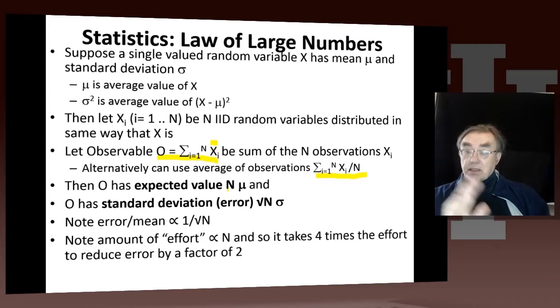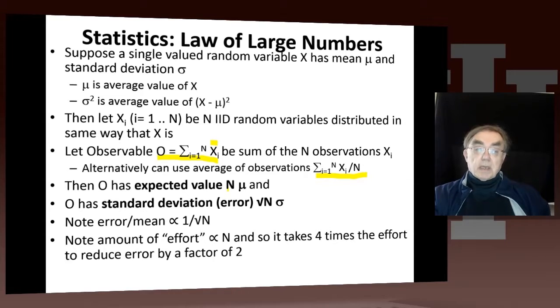Anyway, here i labels the event, and x is a number. It could, in practice, in the physics case, be a vector within a very high dimension. Then we're already looking at one component of that vector. Then we know that if I take this sum, then the expected value of O is n, the number of items in the sum, times the mean of each item, which is the same for each item because they're meant to have the same distribution.